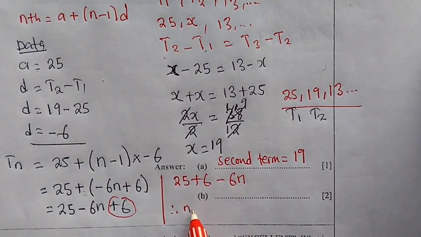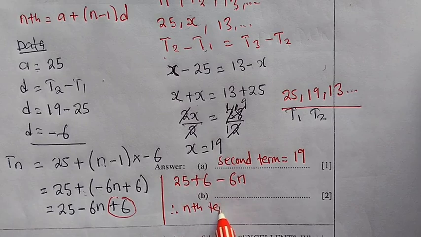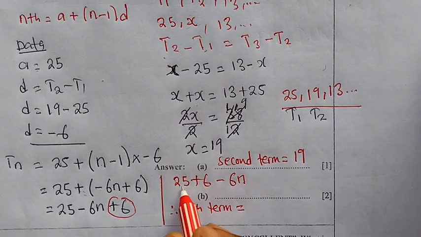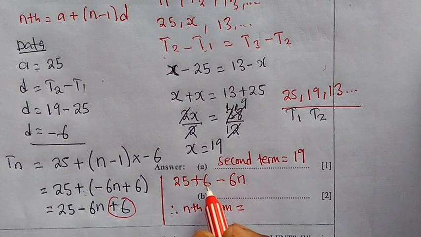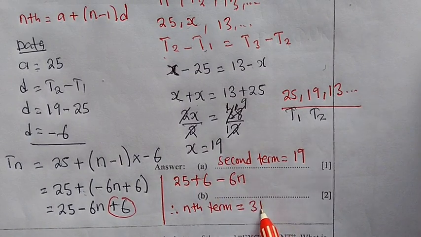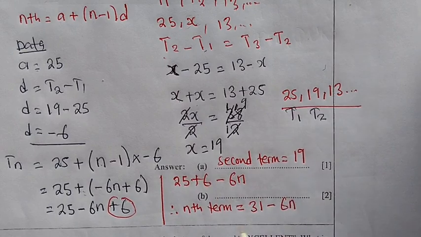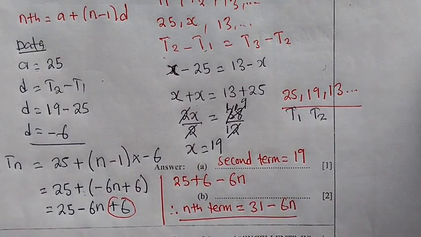Therefore, the formula for the nth term is equal to 25 plus 6, which gives us 31 minus 6n. So this is the formula for the nth term. This is how easy this question was.